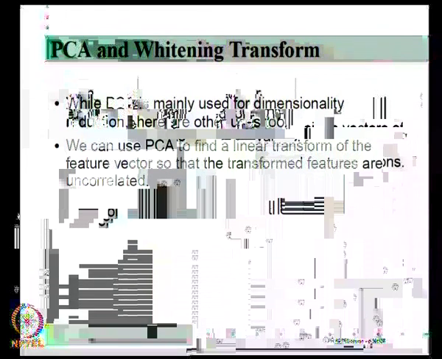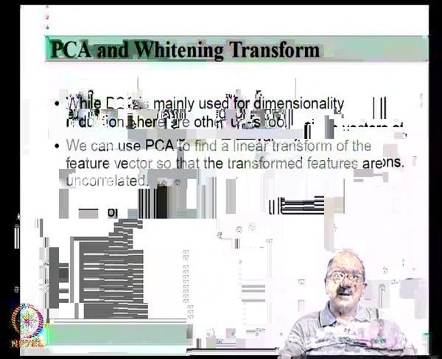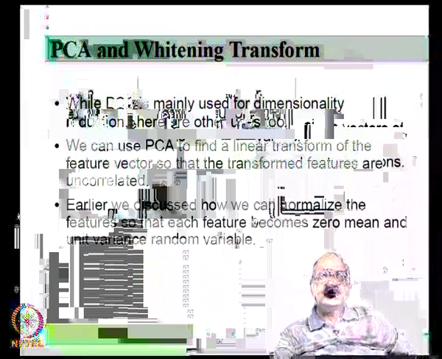When we considered linear least squares as well as neural networks and so on, we mentioned that it is always nice to normalize each individual feature component. That is, we want each feature component to have 0 mean and unit variance. That can be done by taking each feature component and finding its sample mean and variance from the data, so that the mean and variance of each feature component are standardized.